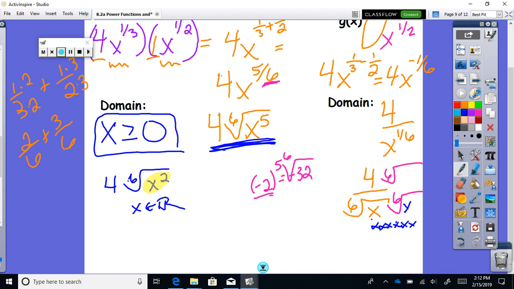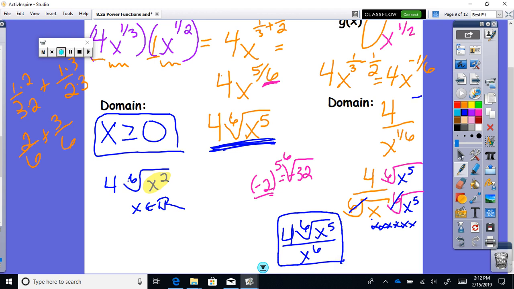So I have 1, I'm going to need 5 more. I'm going to need 5 more here as well. So my final answer is going to be 4 6th roots of x to the 5th. And down here, the roots are going to cancel, and I'm just going to get x to the 6th. So this would be the simplified answer. I think we're willing to accept this here as well.